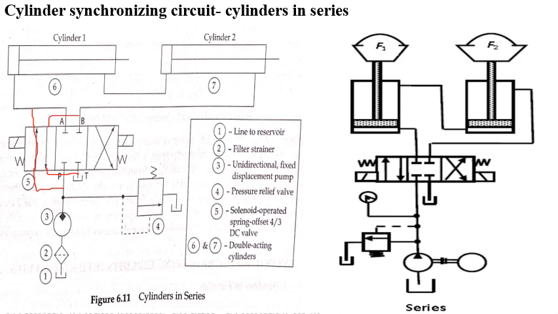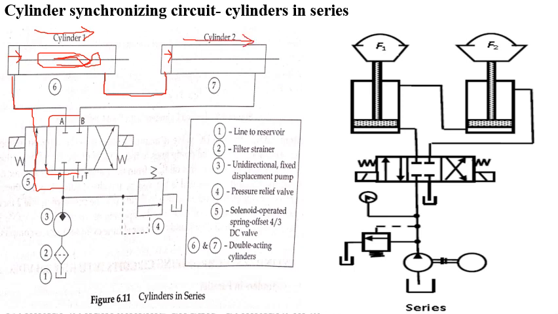Here, what will happen? The flow strikes on the piston surface, cylinder 1 gets extended, and whatever oil is inside the rod end side moves out and is connected to the inlet of cylinder 2, and then cylinder 2 extends.